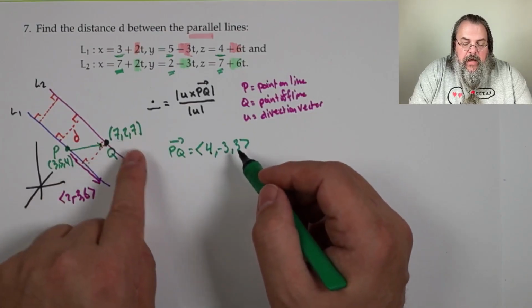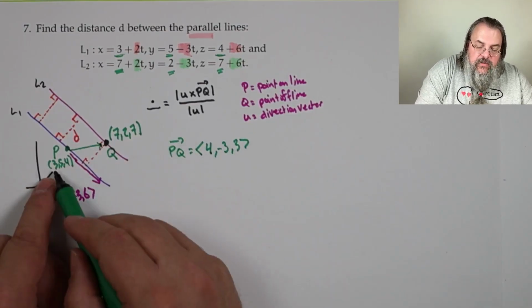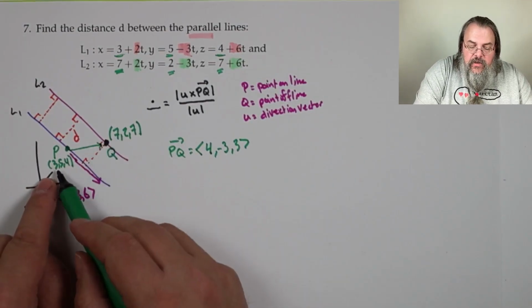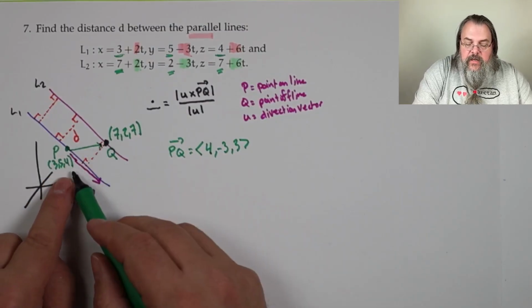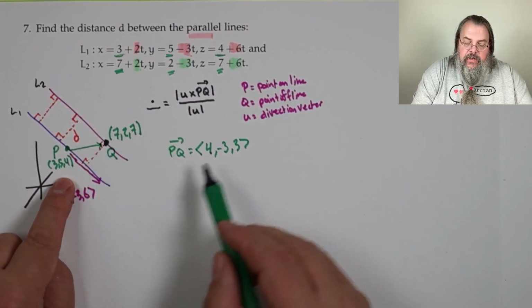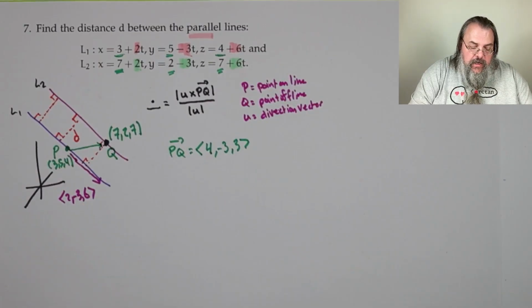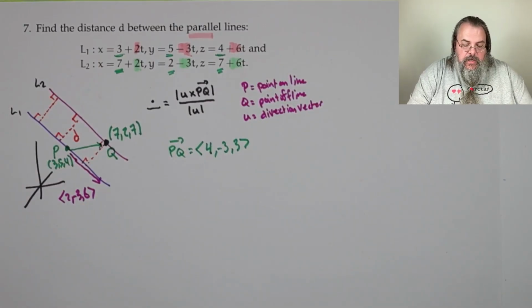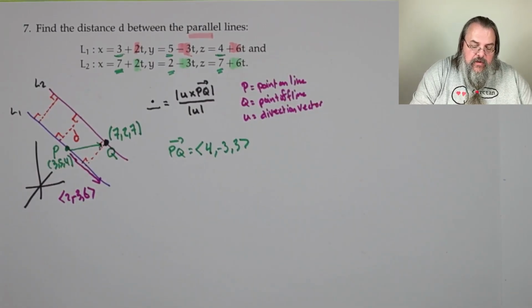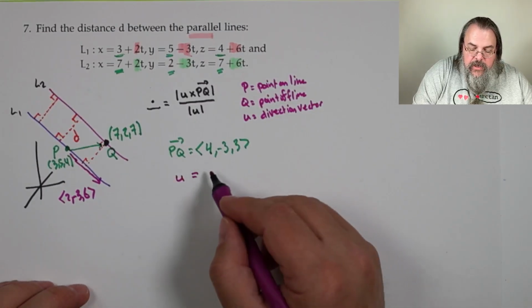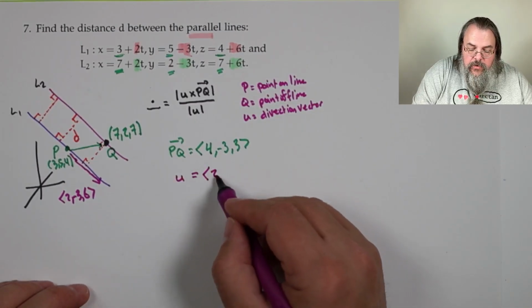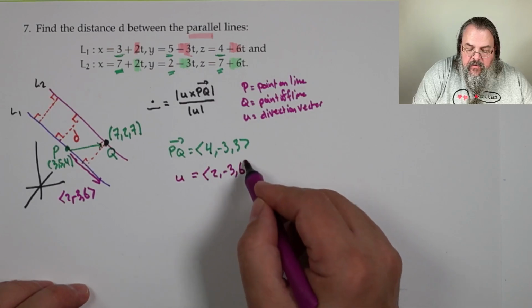So you can take end minus beginning, or you can just say, I start here, I got there. What I need to do, I need to add 4, subtract 3, add 3. Okay, so there's our PQ, and we've already marked our U, but we didn't label it as such. So we'll label it now, u, our direction vector, 2, -3, 6.